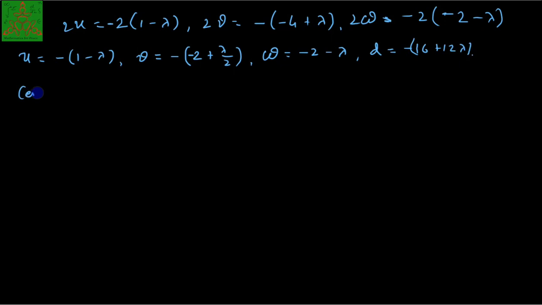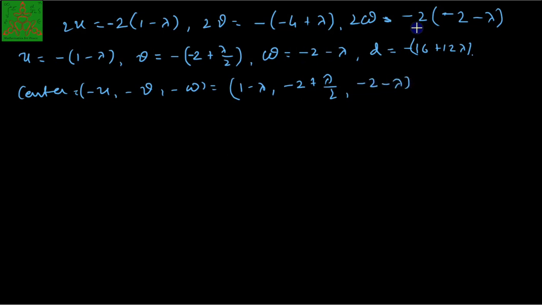The center of this sphere is minus u, minus v, minus w. According to this, it is 1 minus lambda, minus 2 plus lambda by 2, minus 2 minus lambda. It is also given that the center of the sphere has to be a, b, minus 3.